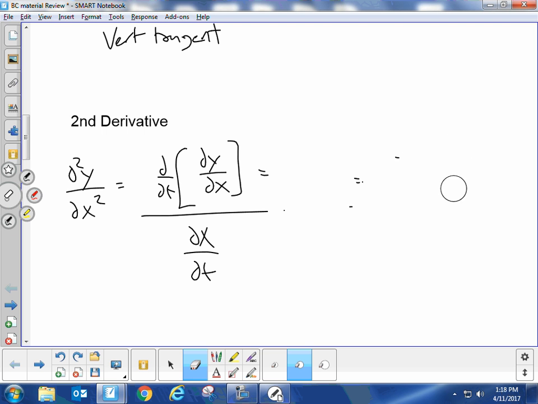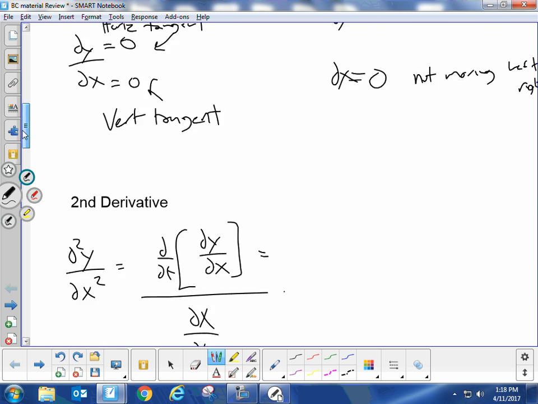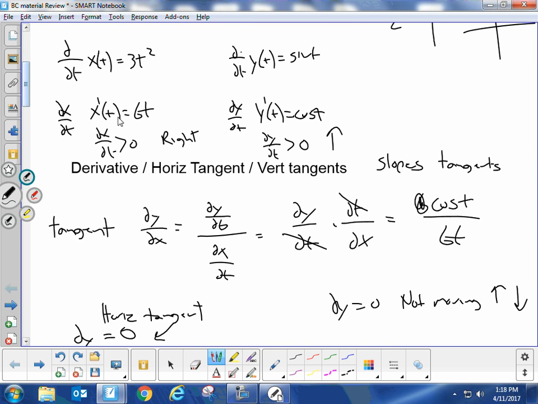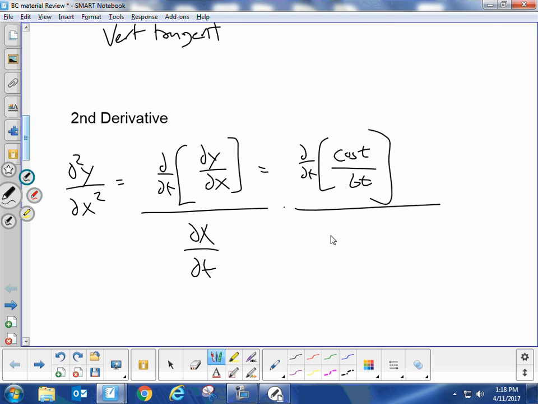So if we went to the previous one, I had cos t over 6t. I would take the derivative with respect to t of cos t over 6t, but then I would make sure I divide it by dx/dt, and we found dx/dt was 6t. Okay, so take the derivative of that, divide it by dx/dt.